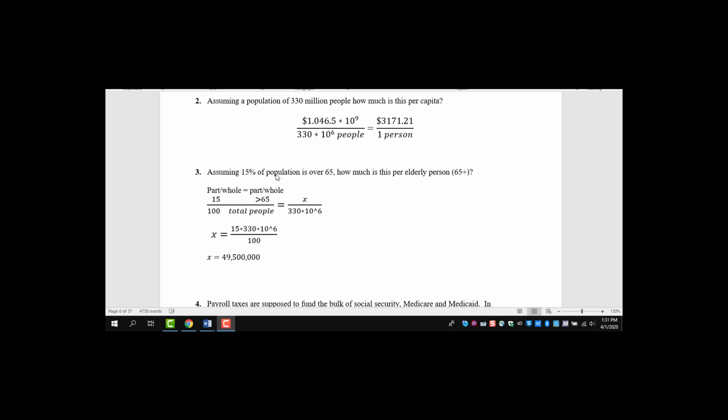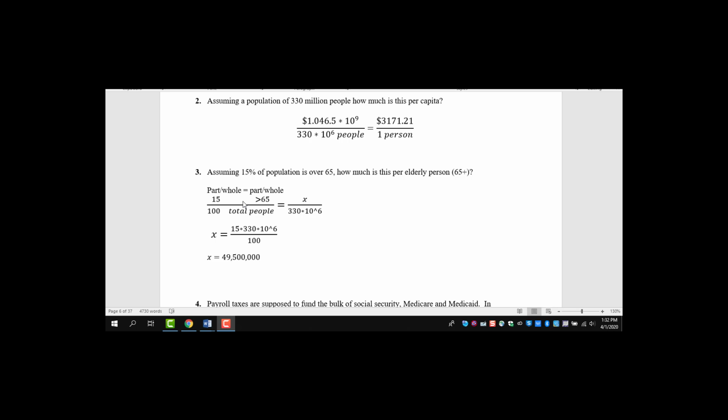What it says is 15% of the population is over 65. So 15 represents people over 65, and 100 represents total people. So I want that to be equal to how many people are actually over 65 if we know that there's 330 million people. Cross multiply and divide, and we get 49,500,000 people over 65.